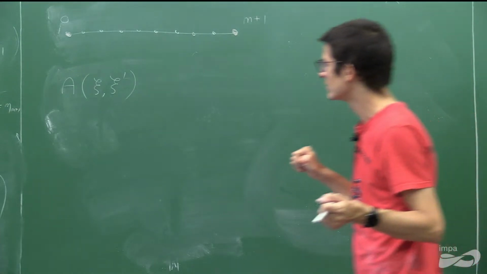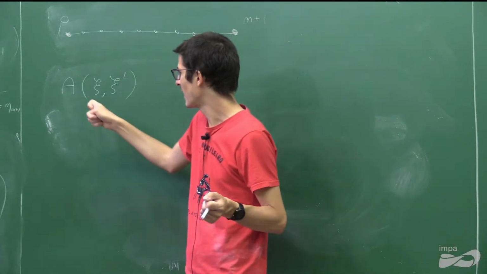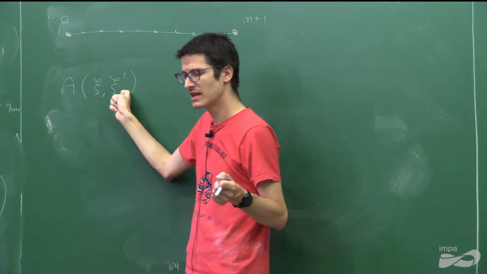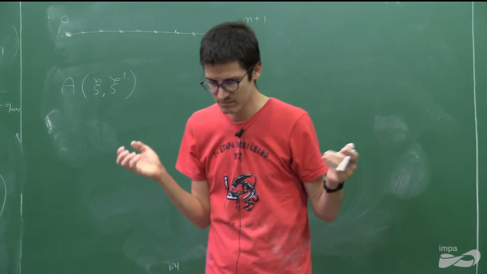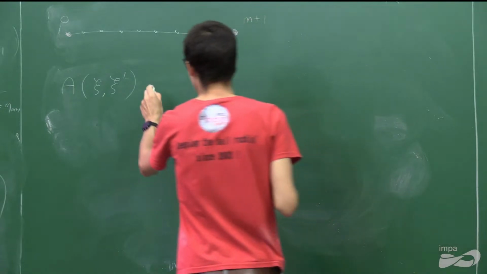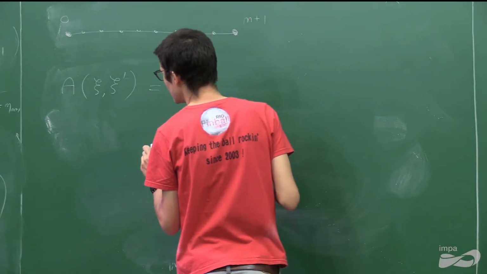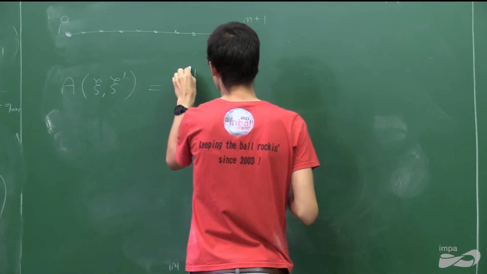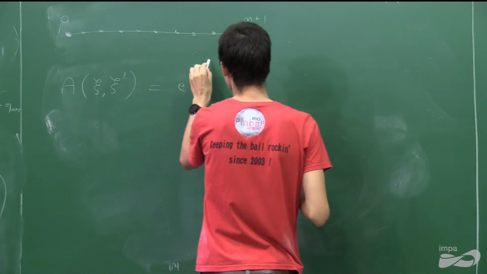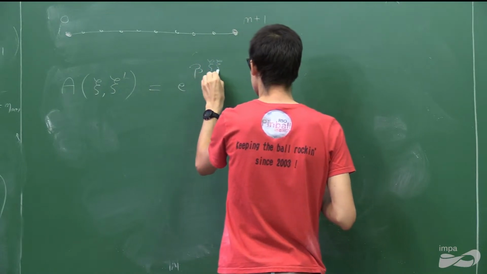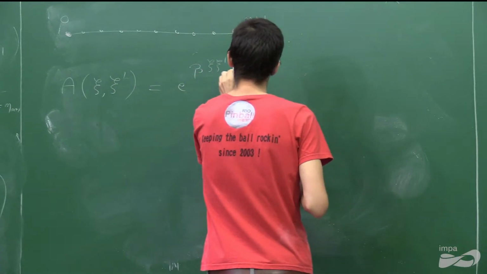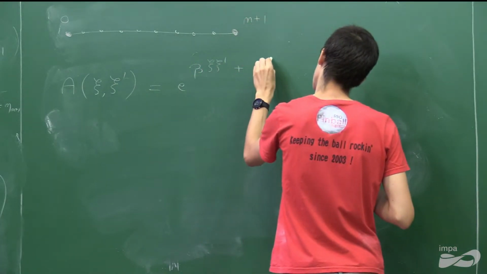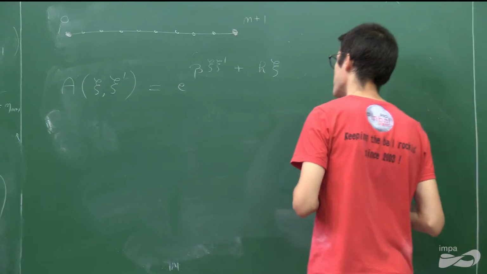So I have two coordinates, which are spins. And I want A to be exactly equal to exponential beta xi xi prime plus h xi.